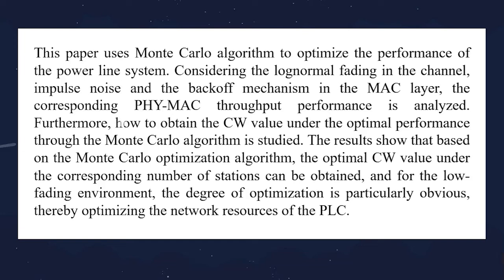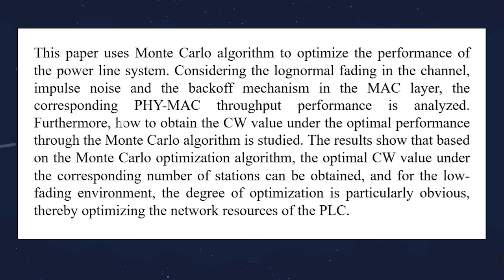The corresponding physical layer and MAC layer throughput performance is analyzed. Furthermore, how to obtain the contention window value under the optimal performance through the Monte Carlo algorithm is studied.